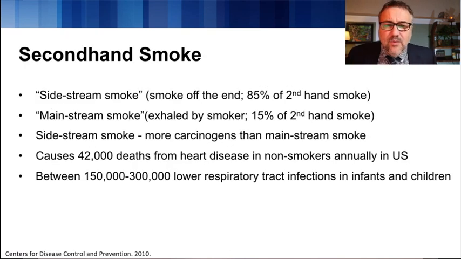And then the last thing I want to go over is secondhand smoke. And I should just say, within the realm of the pathology of smoking, there's a lot of things we didn't talk about. We didn't talk about rheumatologic disease. Smoking is related now to rheumatoid arthritis, bone loss.